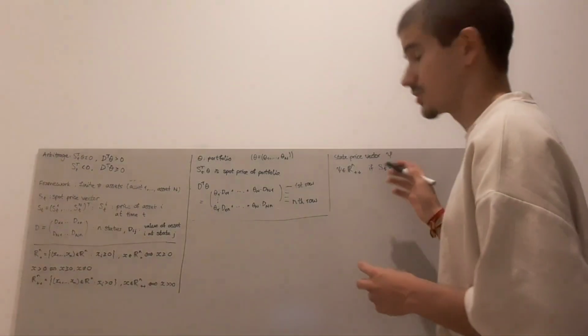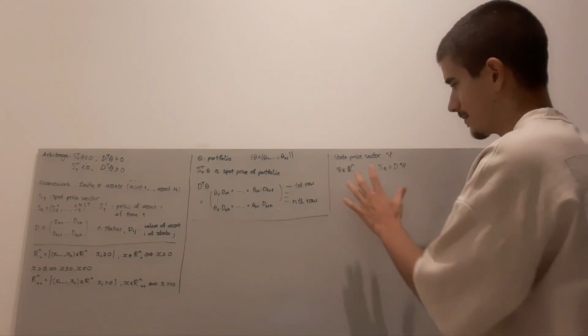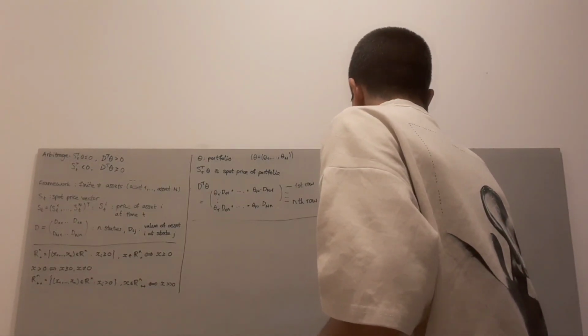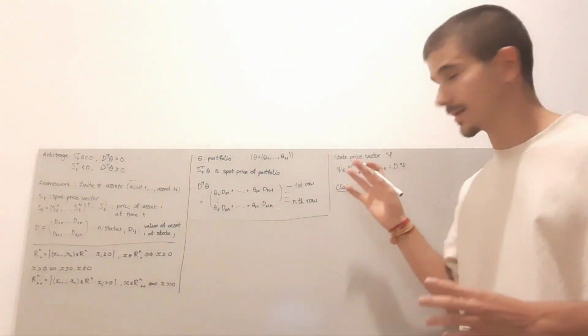Now, this is going to be useful later on, but before we get to that, let me just make a claim, because at this moment we don't really know what psi is, but this claim will make it a bit more clear.